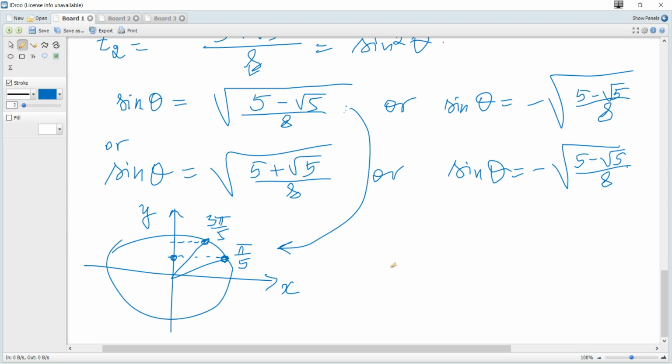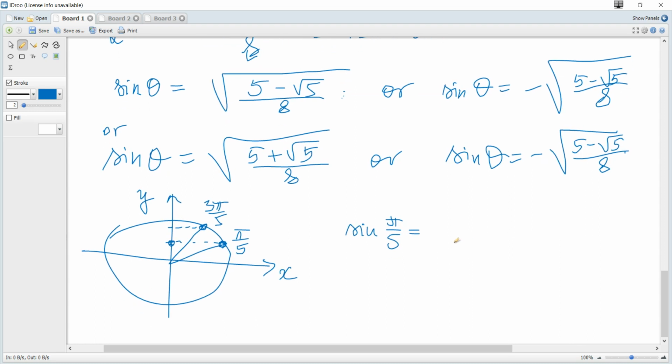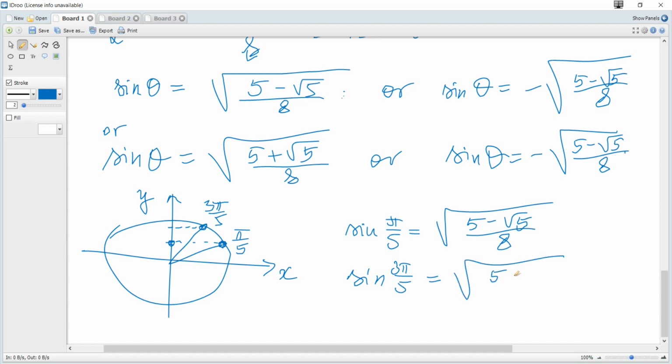So sine of pi over 5 is plus square root of 5 minus root 5 over 8, and sine of 3 pi over 5, it's negative. Oh, sorry, why negative? It's positive, root of 5 plus root 5 over 8.